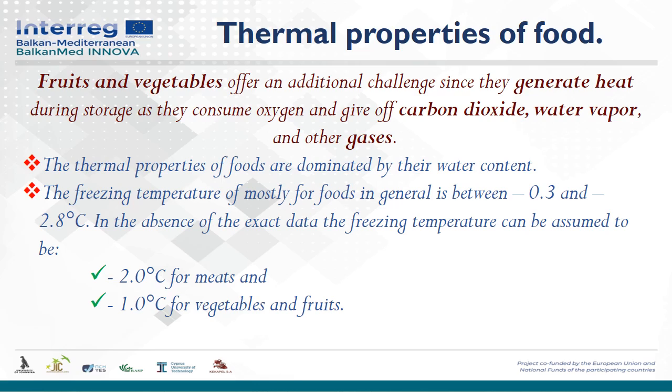There is a problem with fruits and vegetables because they generate heat during storage, because they consume oxygen and give off carbon dioxide, water vapor and other gases. This generation of heat is a challenge for engineers preserving fruits and vegetables.